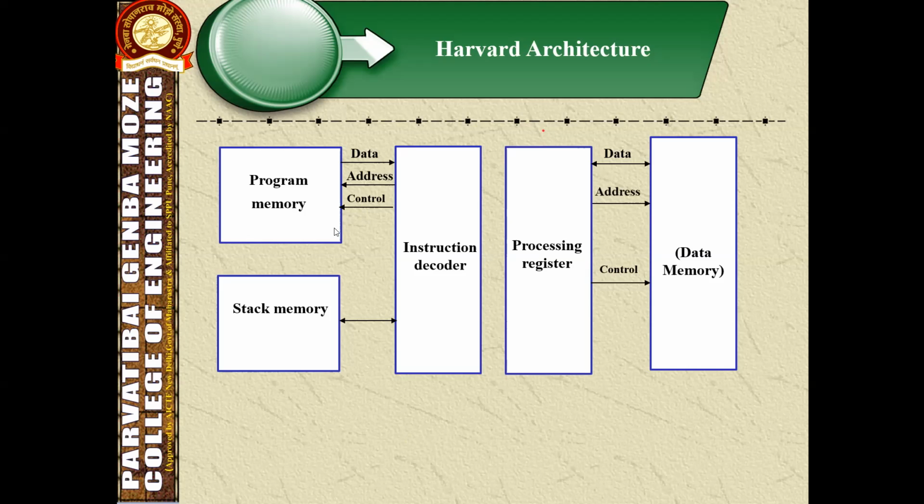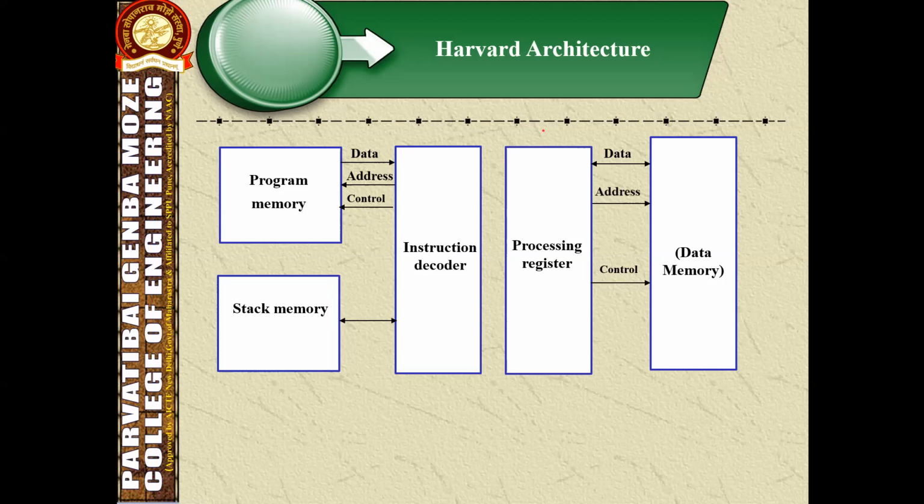One memory is specified as the program memory and the other separately as data memory, each having a different memory map.